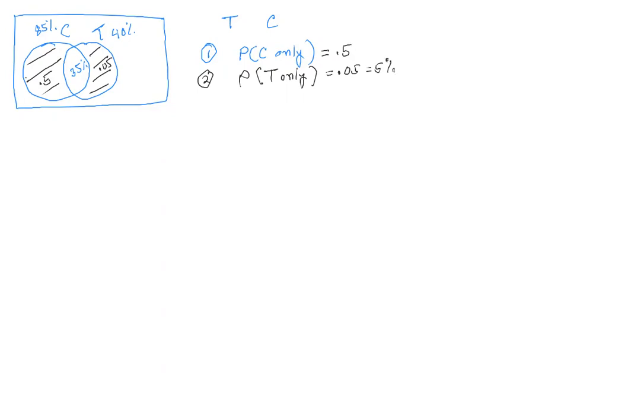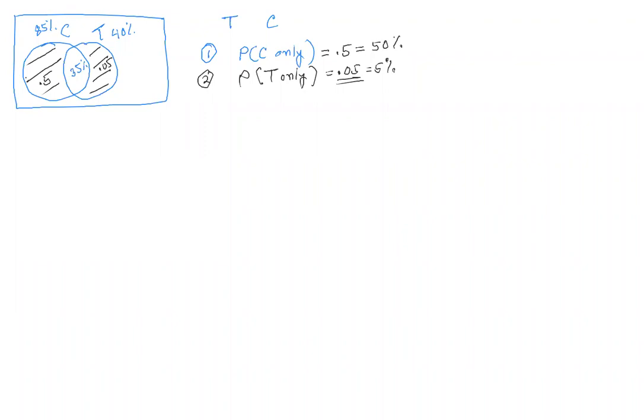They mean to say 5%, but they write 0.5, which is 50%. 0.5 is actually 50%, but 5% is 0.05. So please take note of that. I have seen many times students make this mistake.